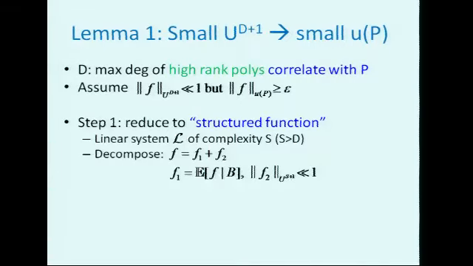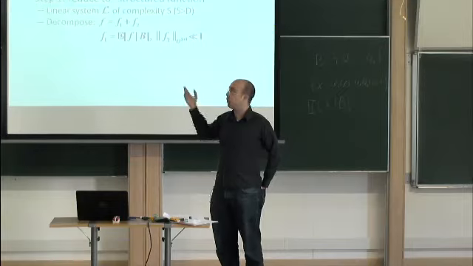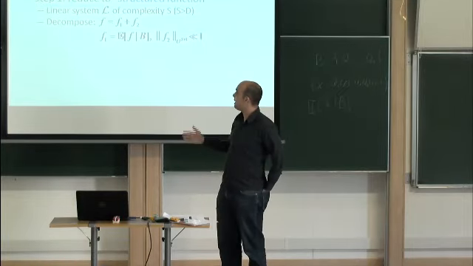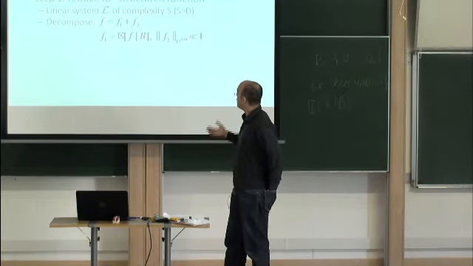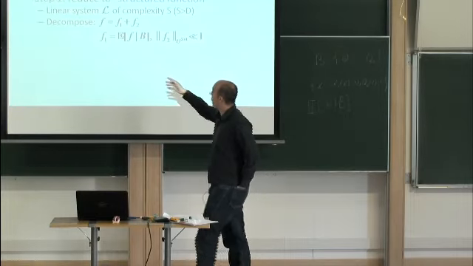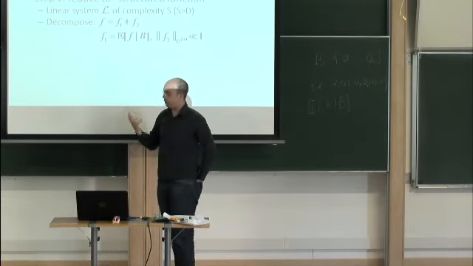So the first step, as I said, is you can always reduce this question to studying structured functions. So you can always replace f by its average on some polynomial factor of some large degree S. S may be much larger than this degree D that we're defining with the property, but it's at least some bound that depends just on these linear forms. And we can just replace our function with the function f1, which is the average of f on this polynomial factor.